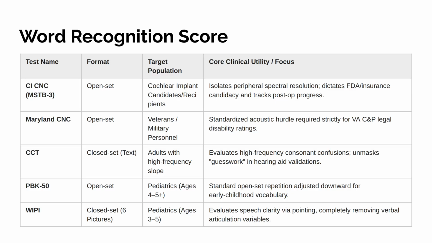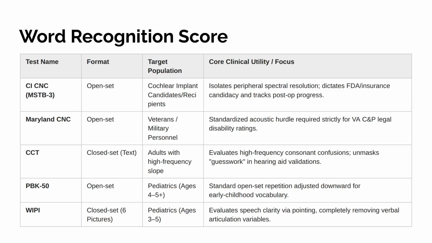We have the PBK50s, which are an open set word recognition test used for pediatrics, 4, 5, and 6 years old. Standard open set repetition, adjusted downward for early childhood vocabulary. So we're just using vocabulary of a kindergarten child.